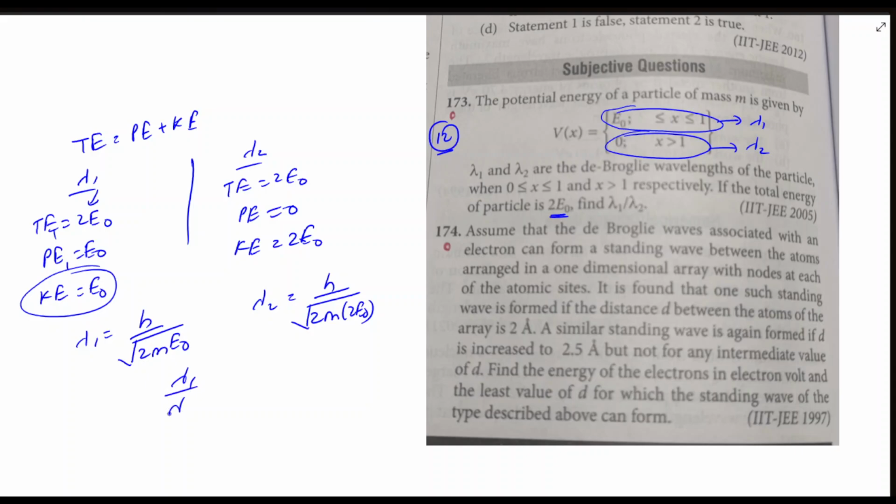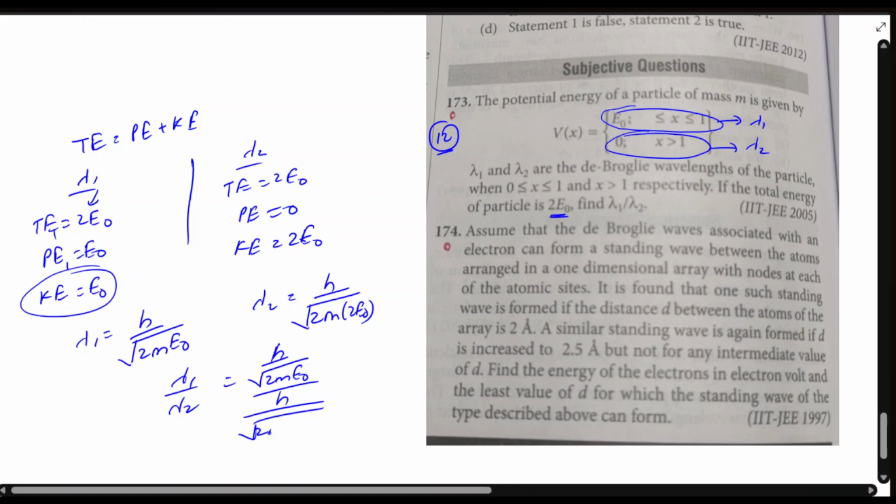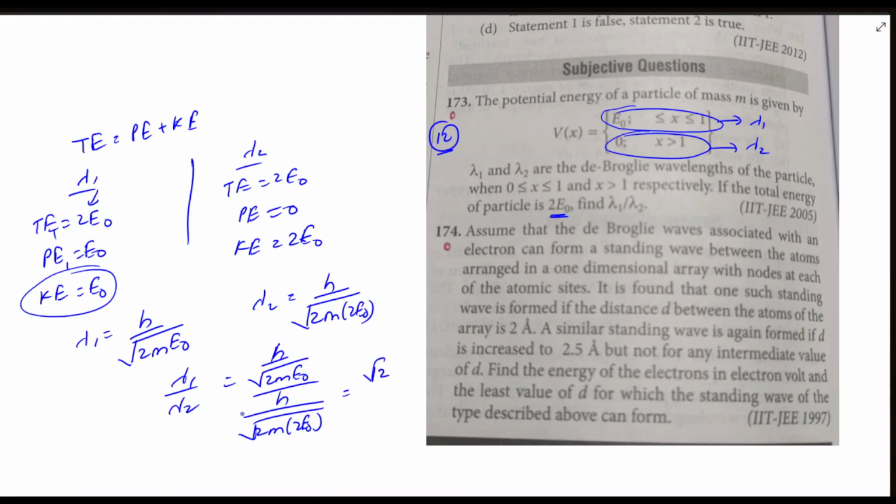So lambda 1 upon lambda 2 will be h upon root 2 m E naught upon h upon root 2 m 2 E naught. So it will be root 2 times. Okay, it's quite an easy question again.